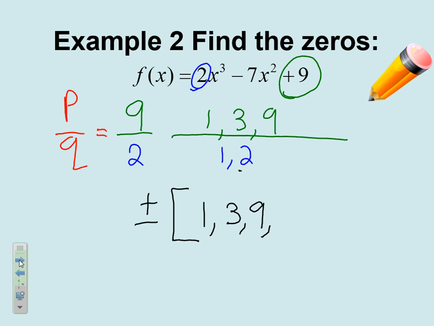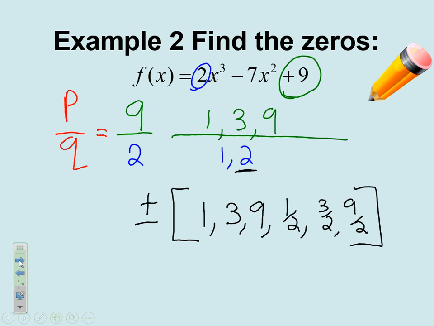And now we have to do the same thing with our 2. So I'm going to get 1/2, 3/2, and 9/2. These are all my possible zeros. Remember, they can be positive or negative.